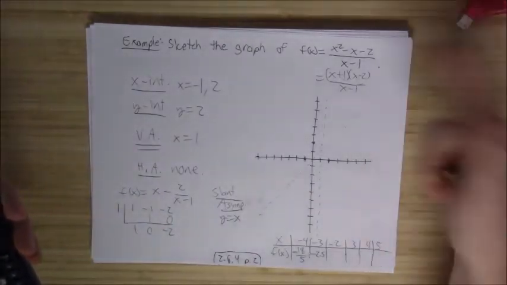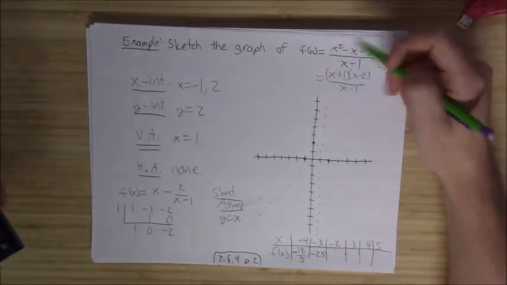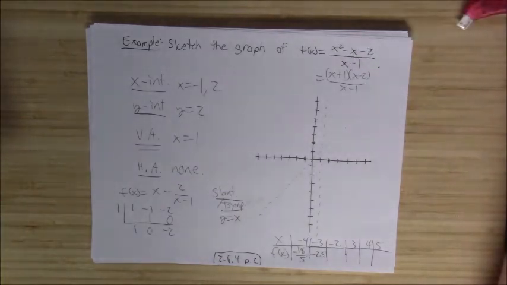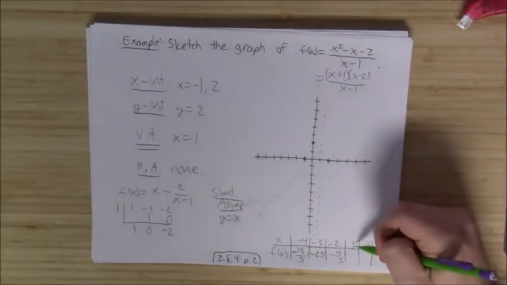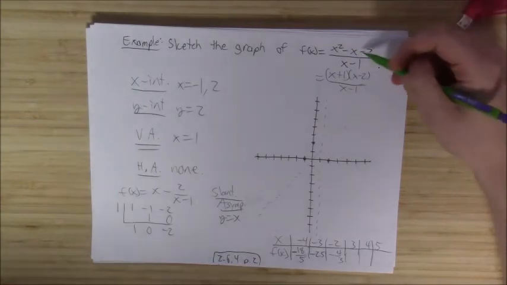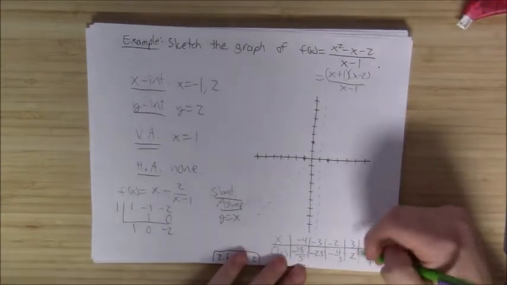Plug negative 2 in, you'll have 4 plus 2 is 6, 6 minus 2 is 4, 4 over negative 3, so negative 4/3. Plugging 3 in, you'll end up with 9 minus 3, which is 6, 6 minus 2 is 4, 4 over 2 is positive 2.